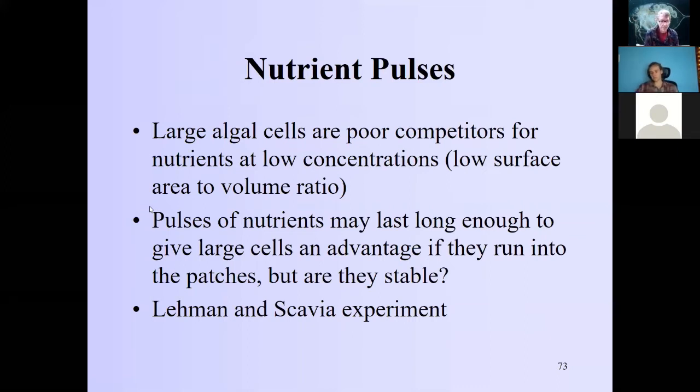There's an experiment done by John Lehman and Don Scavia which got at that, which I think is kind of elegant, and that's why I like to talk about it. They took radioactive phosphate and put it in an algal culture so that the algae built their cells with that phosphorus. So the algae were radioactive.